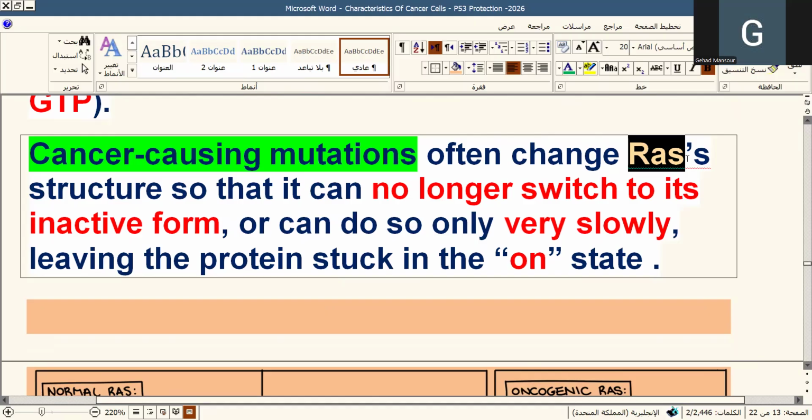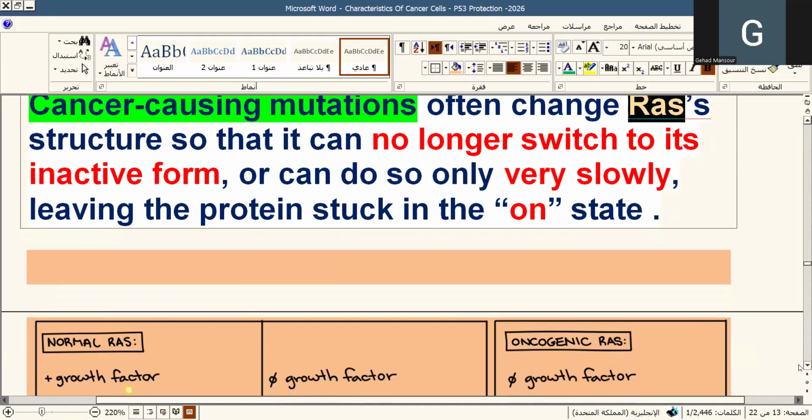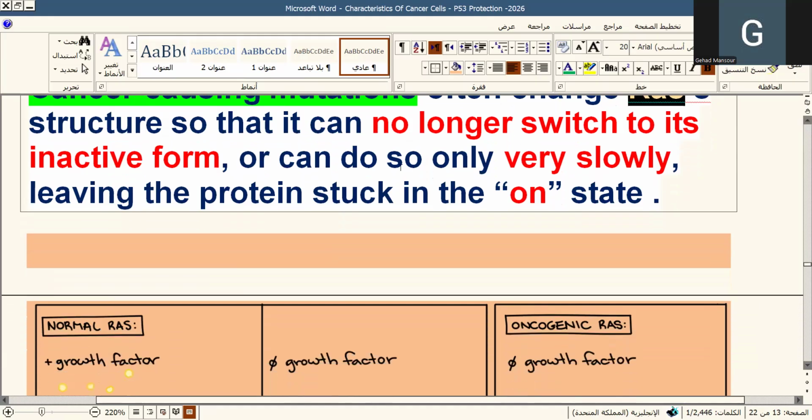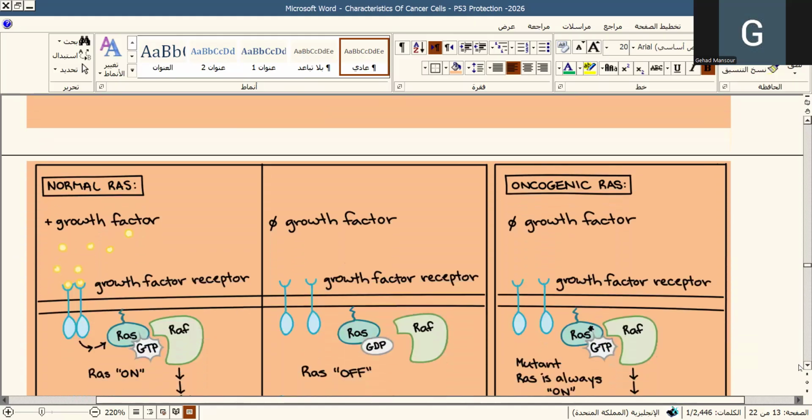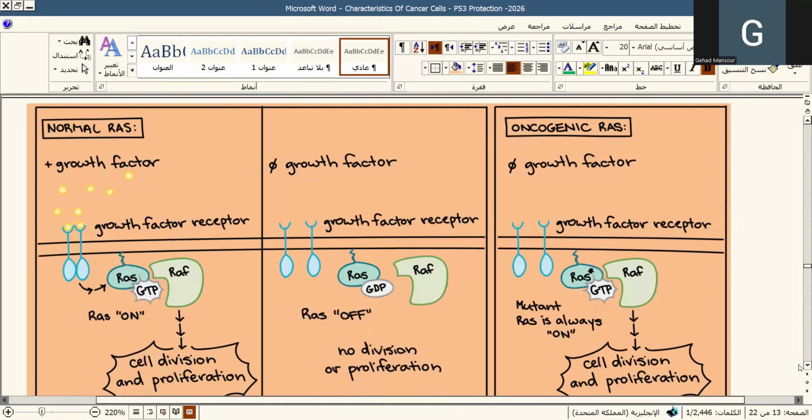It will always be in the active state, and therefore it will always activate the process of mitosis. So the mutation makes it no longer switch to its inactive form, or switch to its inactive form, but very slowly. And we will see here how this occurs.